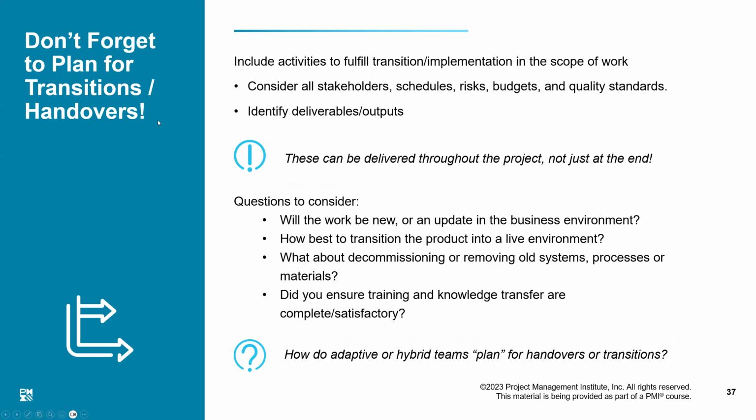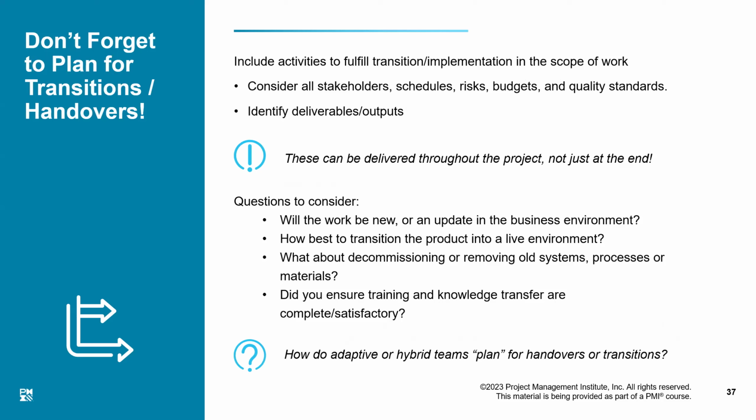Don't forget to plan for transition, because acceptance criteria is part of your scope. This depends on the conditions given in the contract, what is considered acceptable. In some projects, it will be acceptable when the deliverable has met its goals. But in some contracts, you will have to hand over these things to the customer.